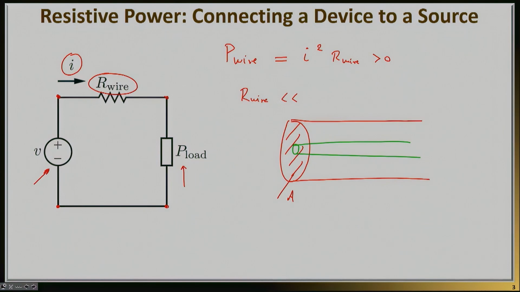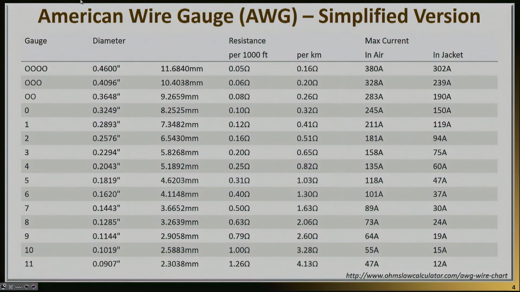So there are guidelines for many applications, and I want to give you just one of them. It's called the American Wire Gauge, or AWG, where for many common applications and for many common conductors, people have calculated the amount of resistance that you have, and they give you an idea of what's the maximum amount of current you can transfer through this wire in reasonable scenarios, in everyday situations.